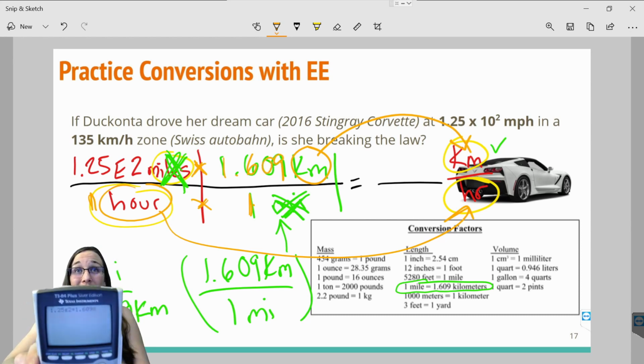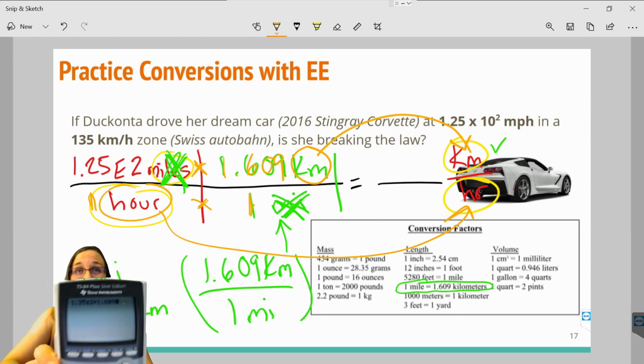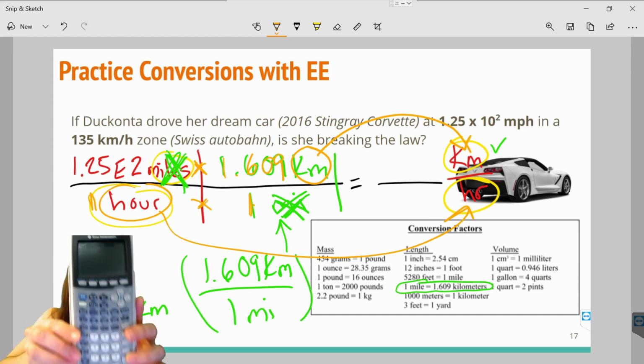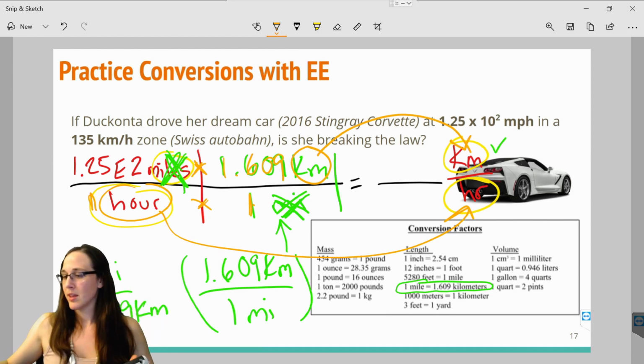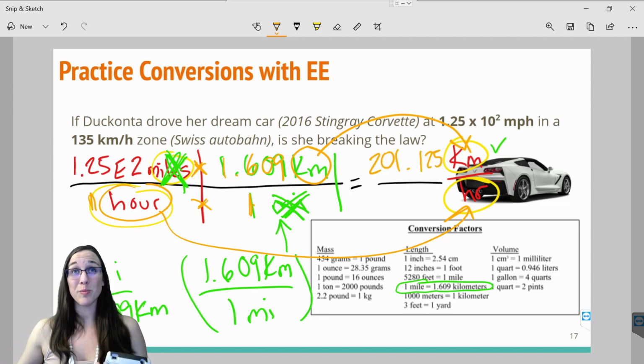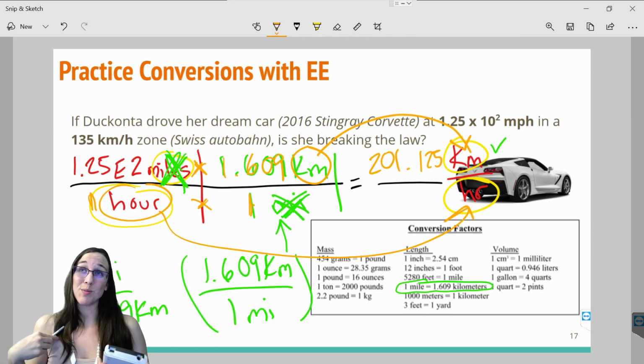So when you plug it in your calculator, it should look like this. Let's hit that enter button and figure out our answer. So our answer is 201.125 kilometers per hour. That is what I would be driving my dream car in.